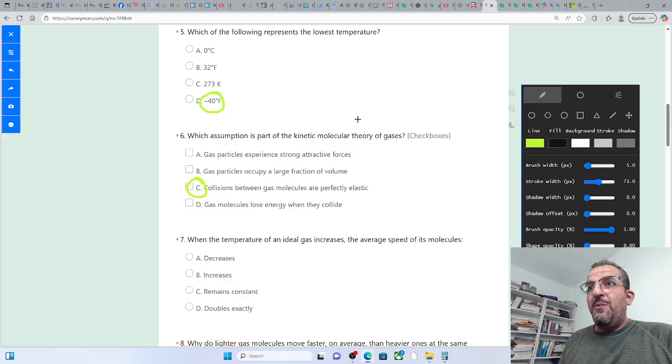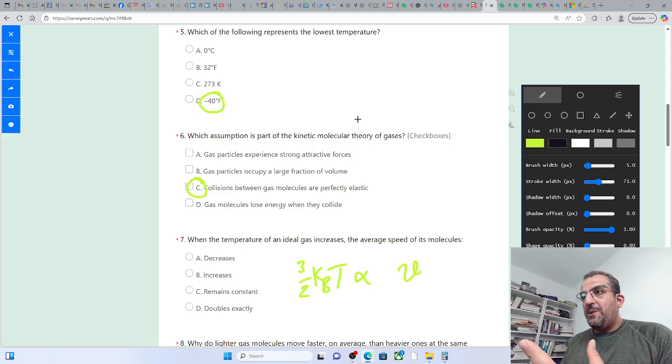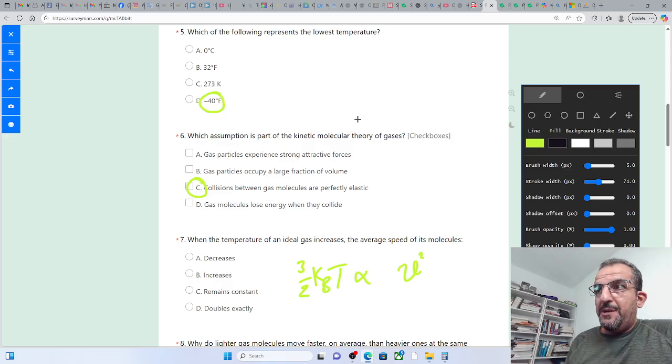Number 7. When the temperature of an ideal gas increases, the average speed of its molecules. Let's see what will happen. If the temperature increases, what will happen to the speed? The thermal energy, guys, which is 3/2 k Boltzmann times temperature, is proportional to the average velocity squared.